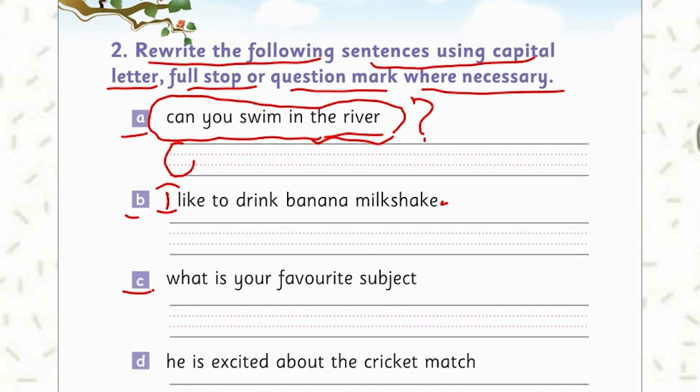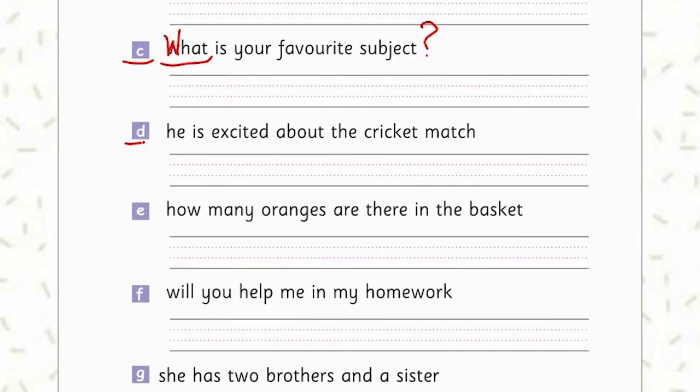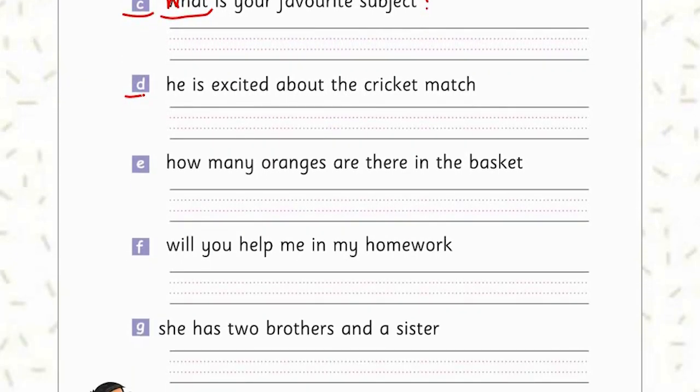Again, the W should be capitalized because it is the start of the sentence, the first letter, and it is in question form, so there should be a question mark. D, he is excited about the cricket match. The H should be capitalized here. Yes, the full stop here.